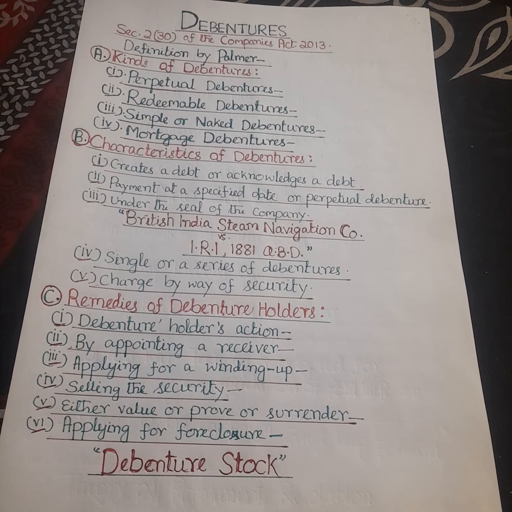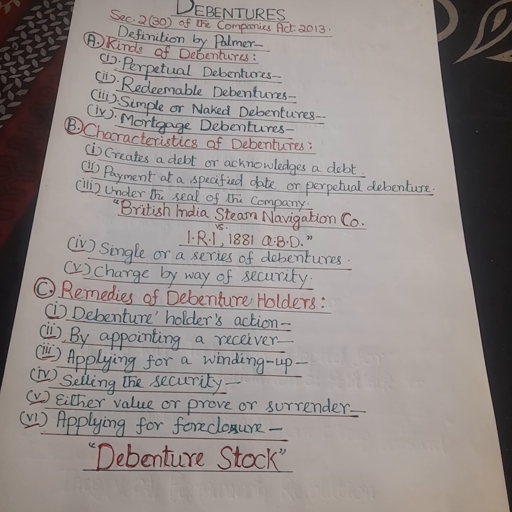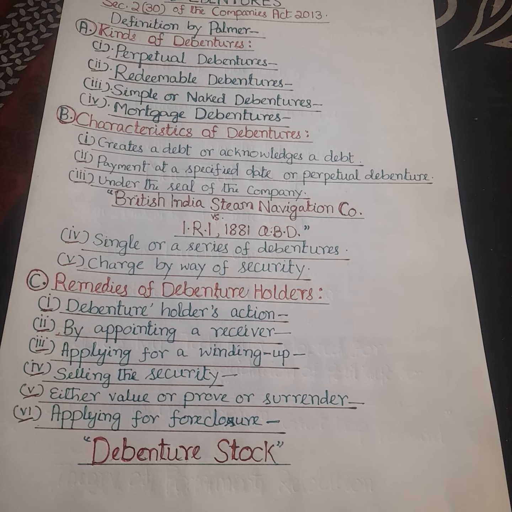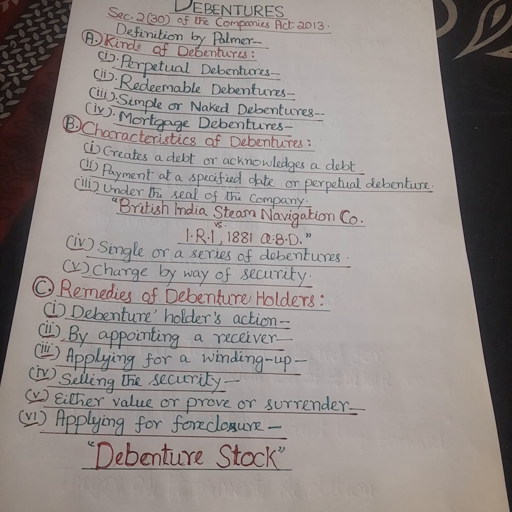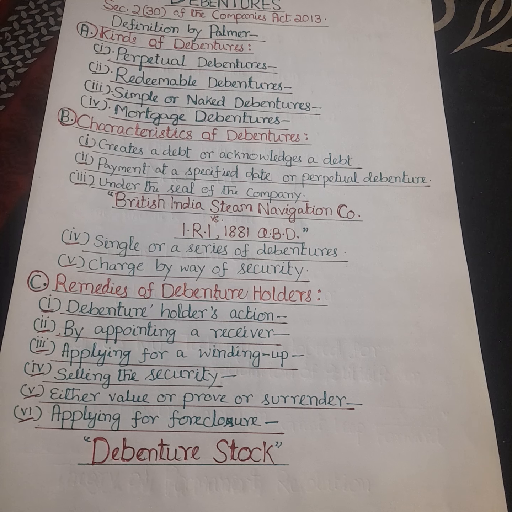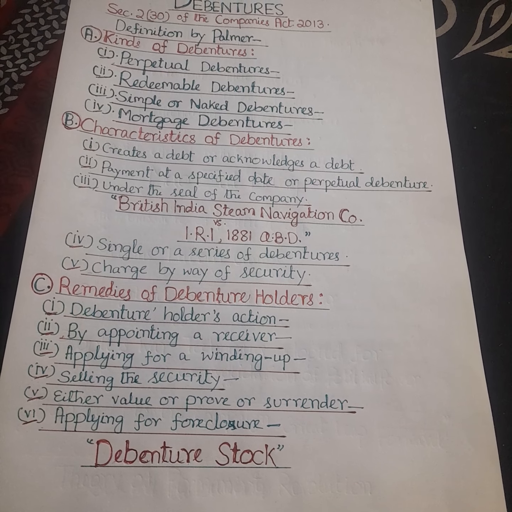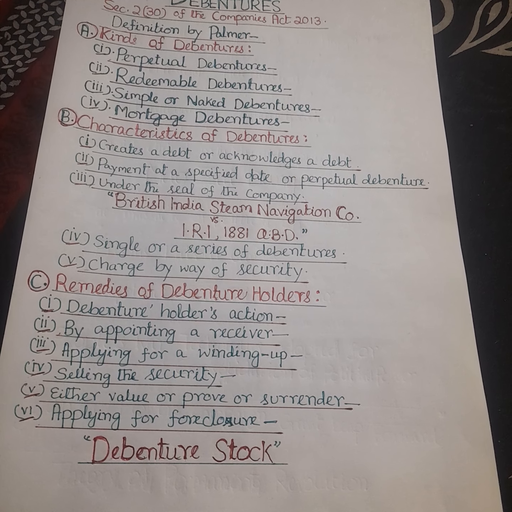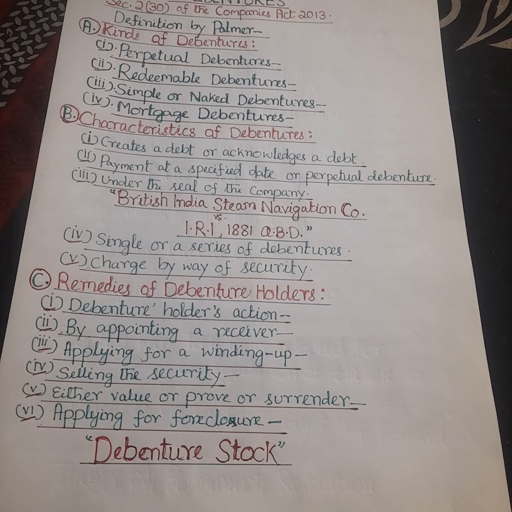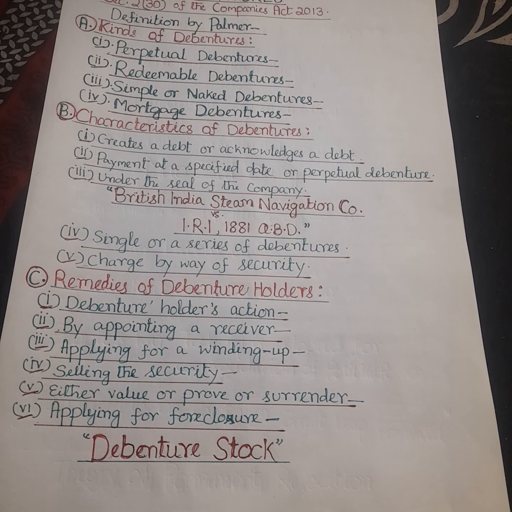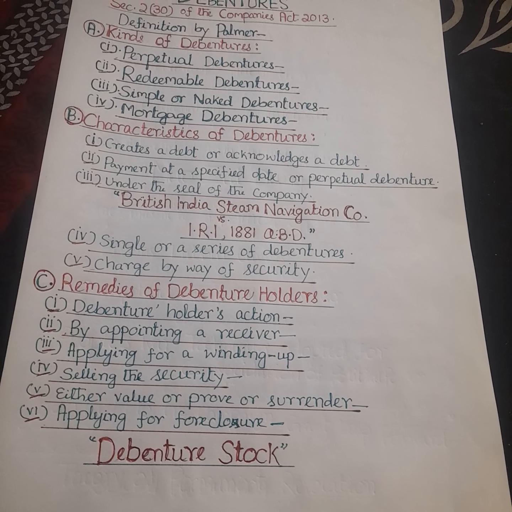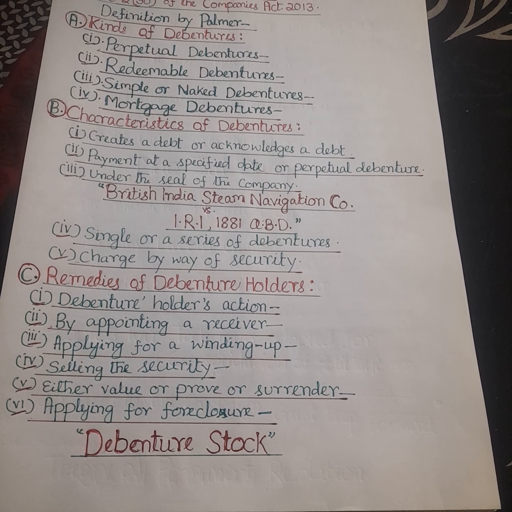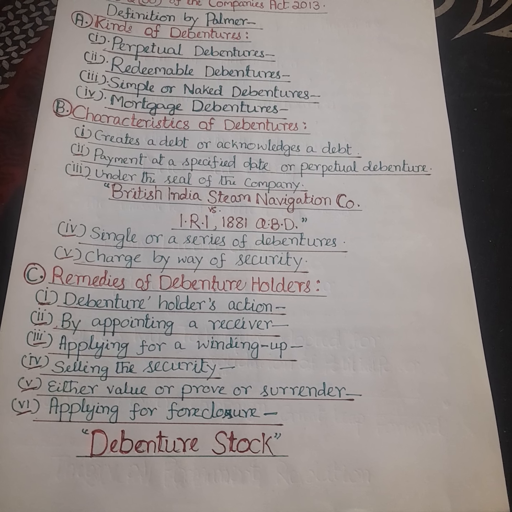So, debenture is a document which either creates or acknowledges a debt. It is a document acknowledging the loans borrowed by a company, issued under its common seal and embodying the terms and conditions as to the repayment of the money borrowed with interest.